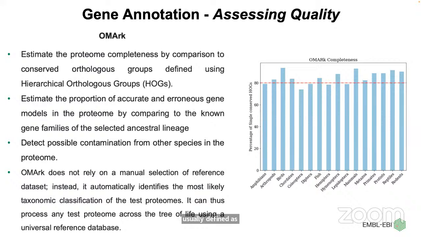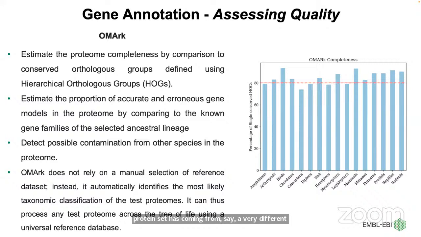OMArk assesses the accuracy of the proteome, and it filters out erroneous gene models in the proteome by comparing it to the gene families of the selected ancestral lineage. It also detects possible contamination, whether your protein set has proteins coming from, say, a very different clade, bacteria, or some other contamination.